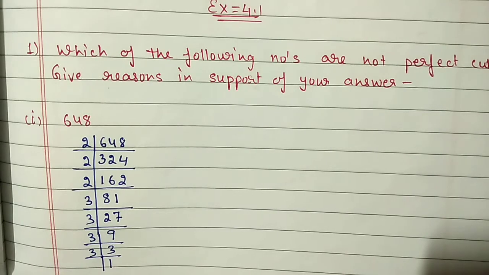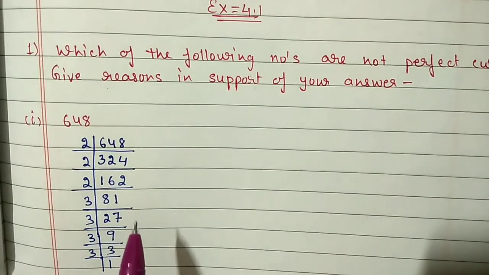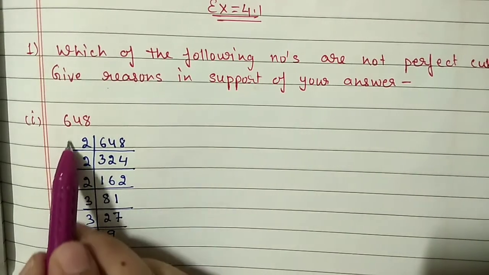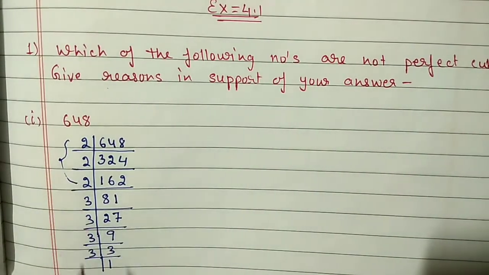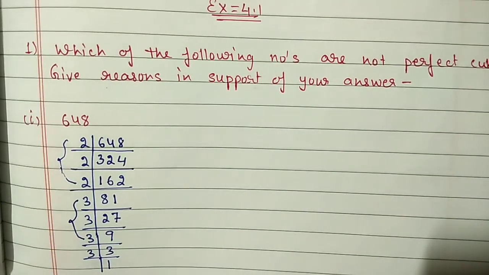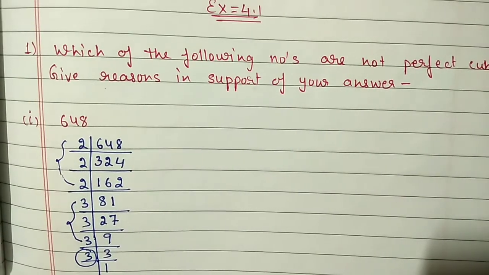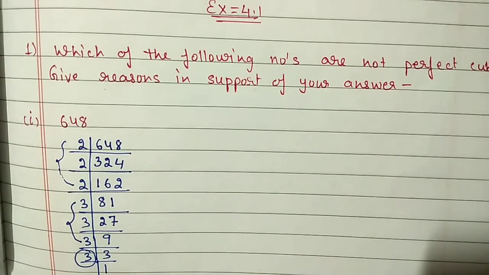So to check the perfect cube, we have to make triplets here. In square root we were taking pairs, but here we have to take triplets. So these three 2s we will take together, then these three 3s, and you can see here one 3 is remaining alone. So it means this number is not a perfect cube.